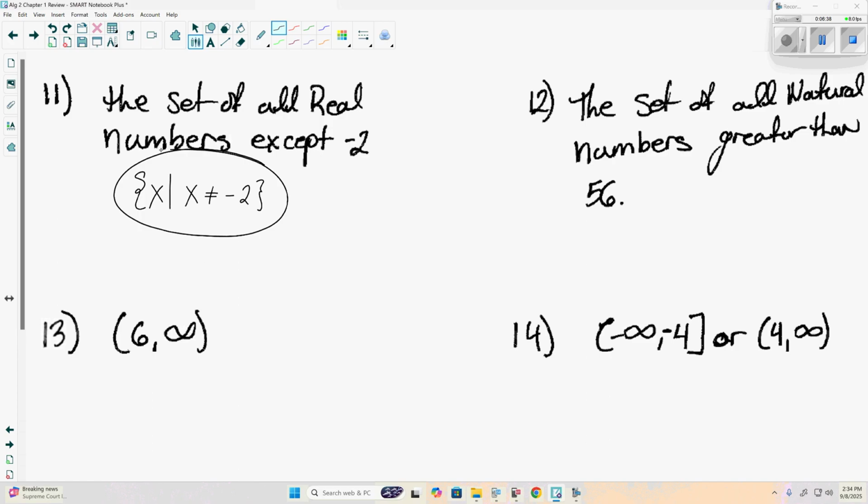Because our except ones with the set builder notation, we say whatever the number type is, set of all real numbers, brace x bar, the set of all integers, brace x is an element of the integers, such that x is not equal to -2, except 40. X is not equal to 40. And that's it.